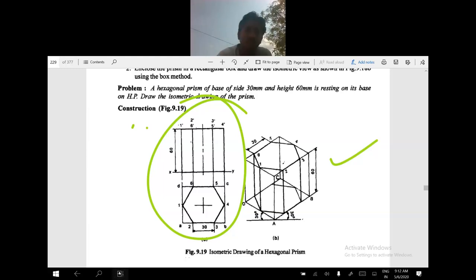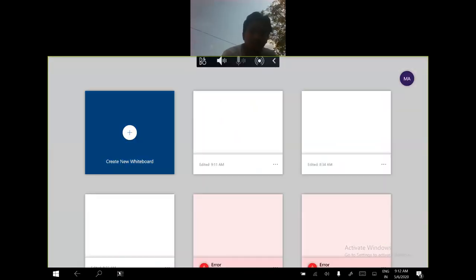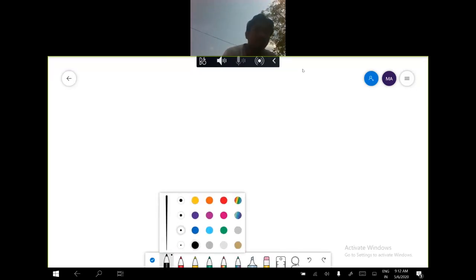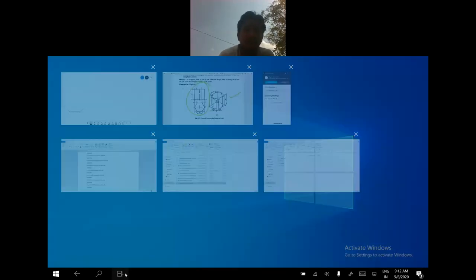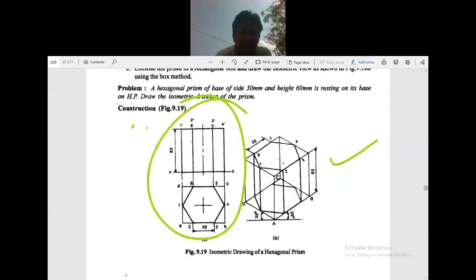Here I am taking the drawing sheet. First, I will construct a hexagon here. He has constructed the hexagon like this. What has he given the side as? Side as 30, axis as 60.